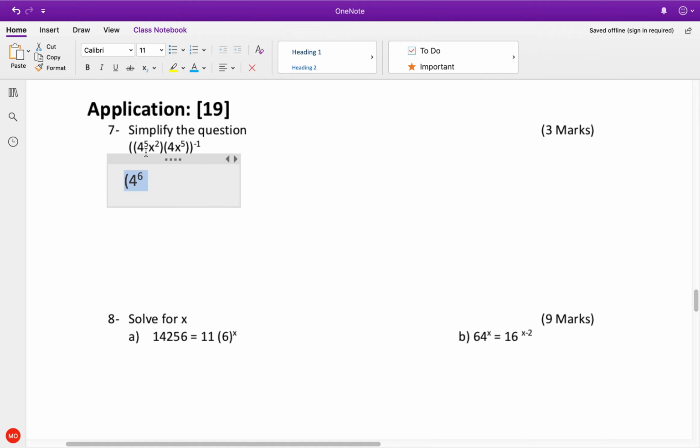And then x to the power of 2, x to the power of 7, add those together, is going to be x to the power of 7. And this is to the power of -1. Then let's bring that into the brackets.